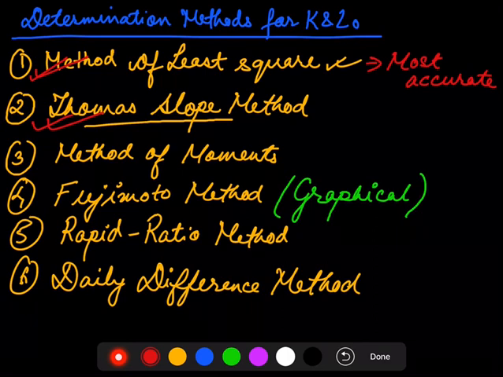Derivations and all those things are not necessary at this undergraduate, BTech level. Only their formula and how they are calculated. If you are asked numericals on those, then you must be able to solve.